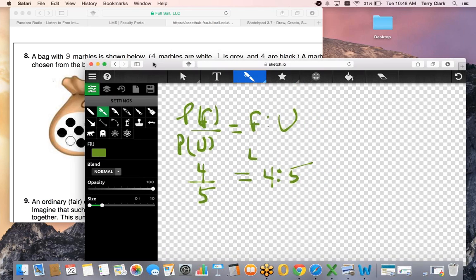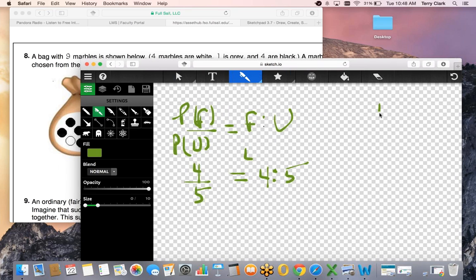I'm not going to do the math, but I'll put it over here. The probability of choosing a white marble is 4 to 9. The probability of not choosing a white marble is 5 to 9.